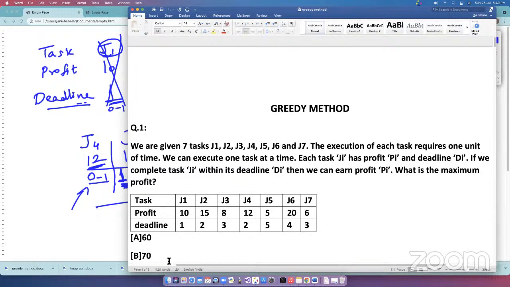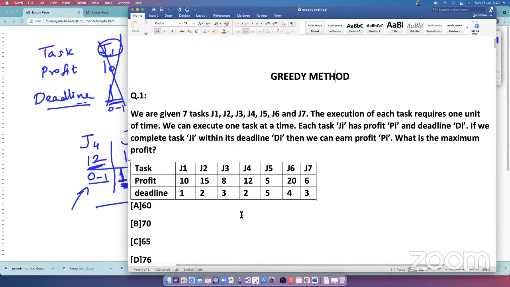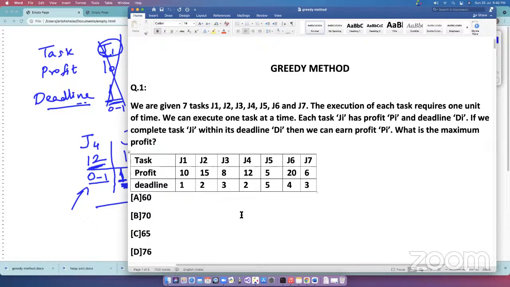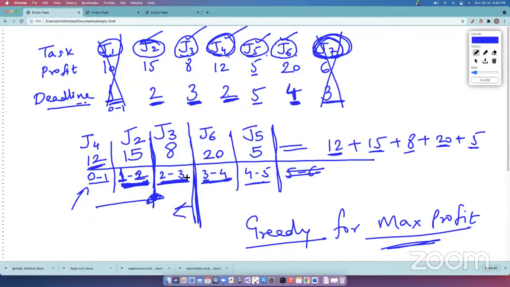See, job sequencing with deadlines has been asked twice or thrice in the GATE paper, and such data will be given and you have to arrange the jobs according to their deadlines like this. And you keep one slot for each time slot. The best thing you can do is take the best job, which over here was J6 and its deadline was 4.